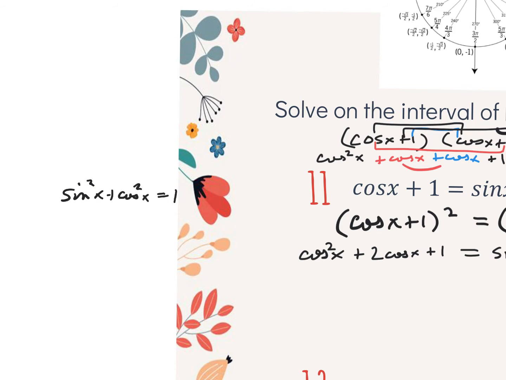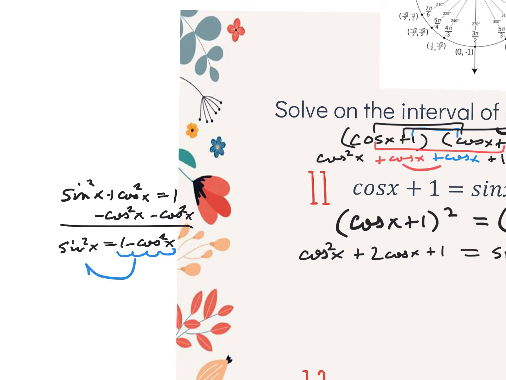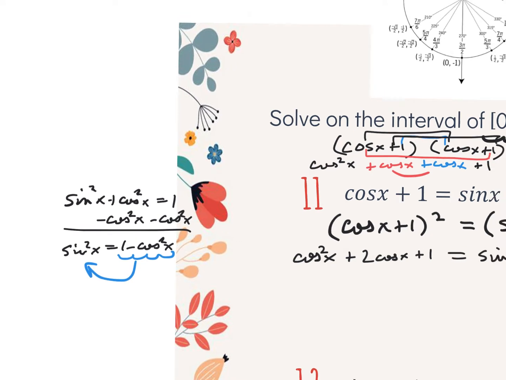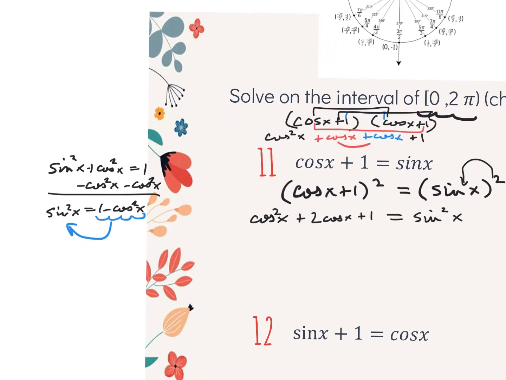I'm going to solve it for sine squared x, which equals 1 minus cosine squared x. This is what I'm going to substitute in for sine squared on that right side. So let me rewrite the left side. Cosine squared x plus 2 cosine x plus 1 equals 1 minus cosine squared x.